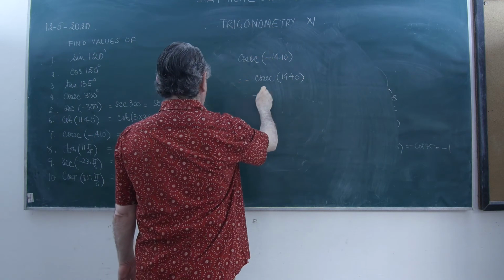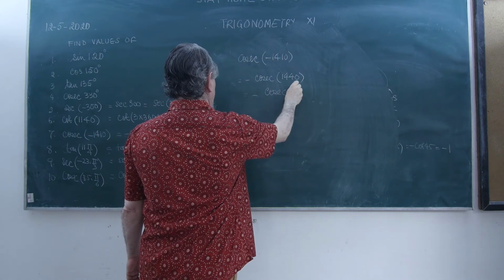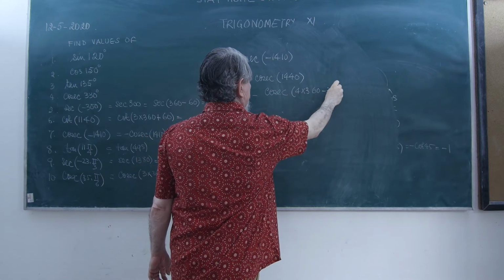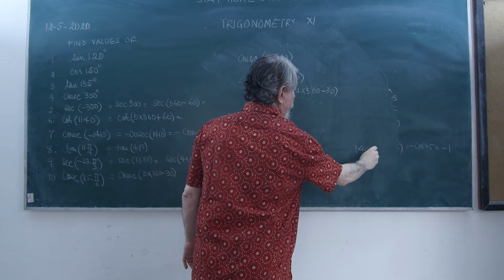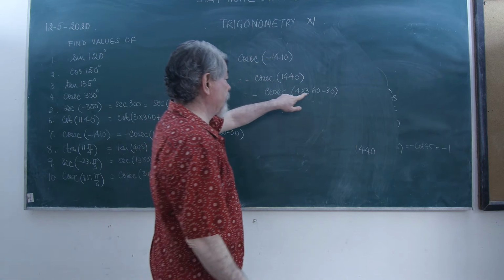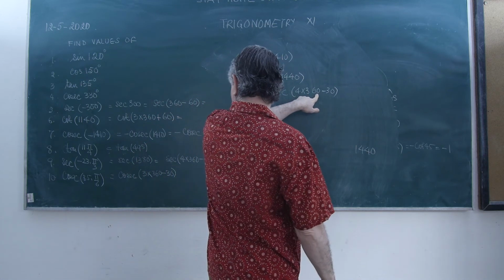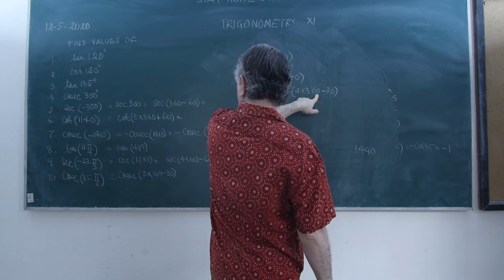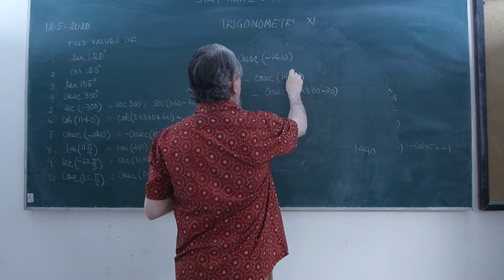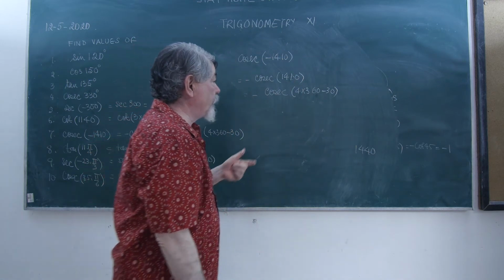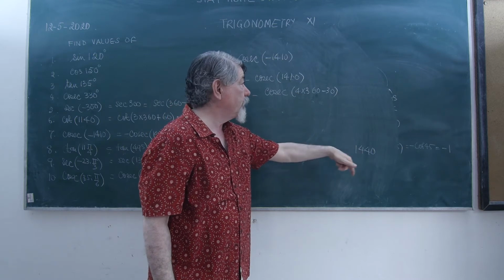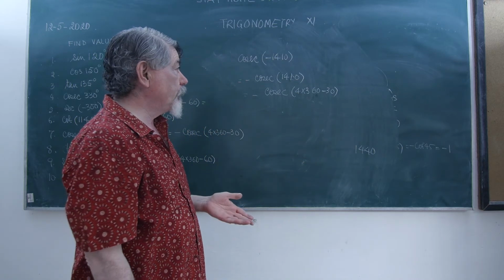It says minus cosec 4 into 360 minus 30. 4 sixes are 24. It is 1410, not 10. So if you multiply 360 into 4, you get 1440, and if you subtract 30, you will get 1410.